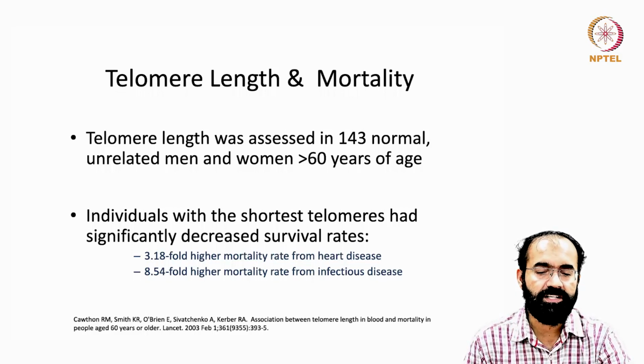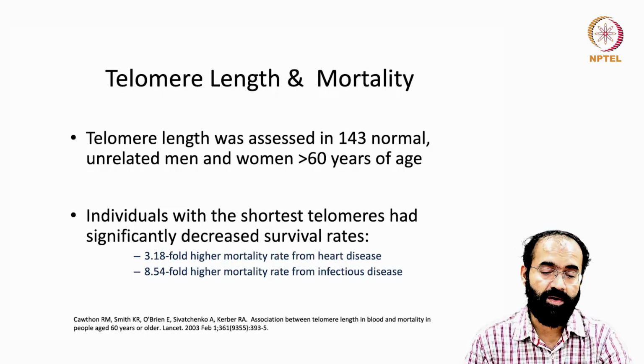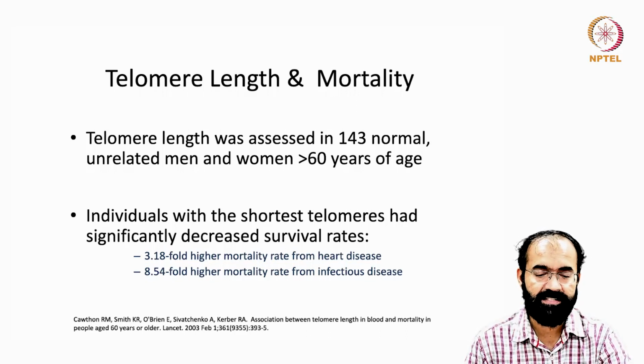Individuals with the shortest telomeres had a significantly decreased survival rate, say 3.18 fold higher mortality rate from heart disease, 8.54 fold higher mortality rate from infectious disease, etc.